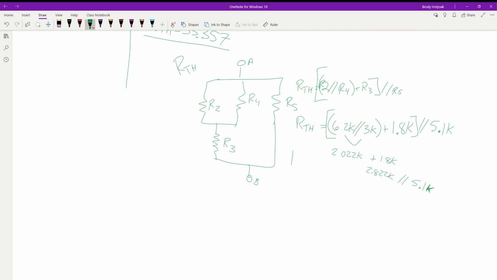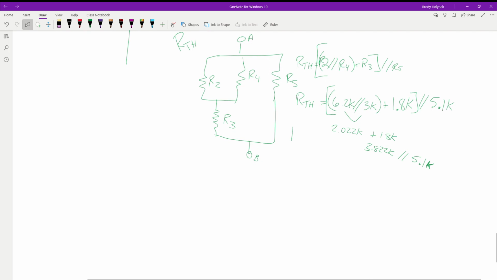Yeah, 3.8. So we got 3.822K in parallel with 5.1K. That's our R Thevenin value.